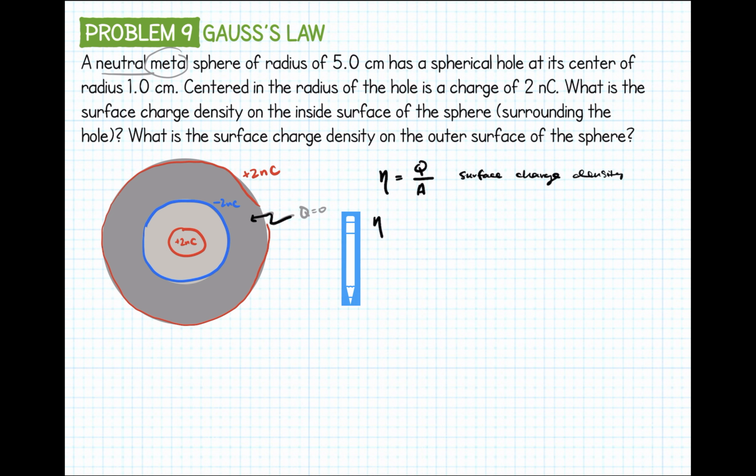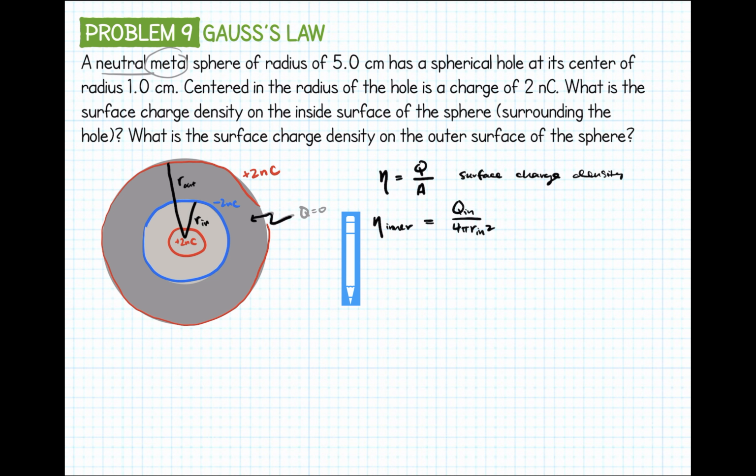So for the inner, right, that means we want Q in over 4 pi r in squared. And so we know this is r in and this is r out for inner and outer.